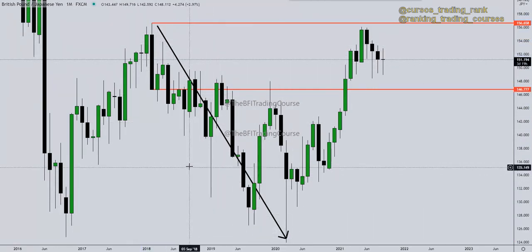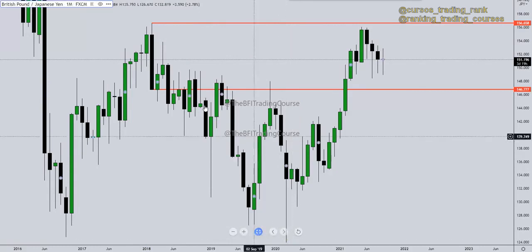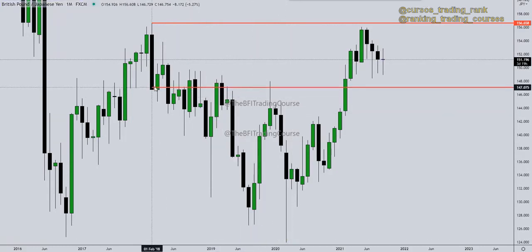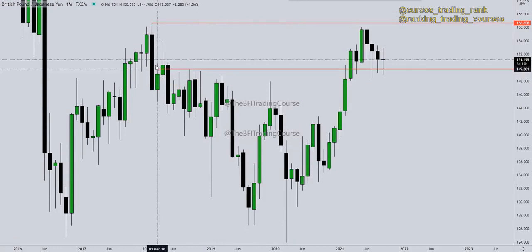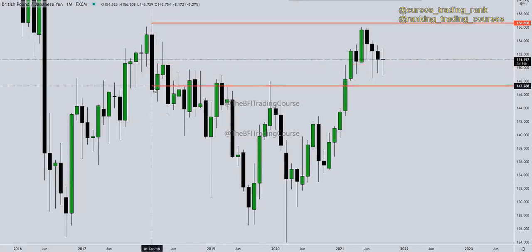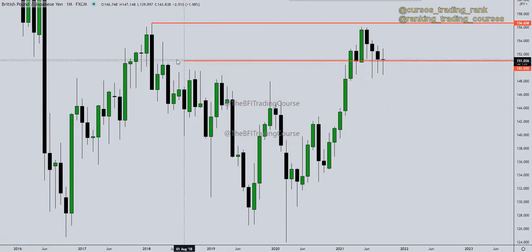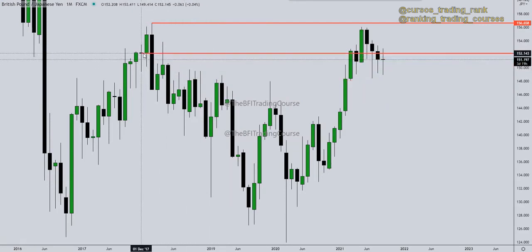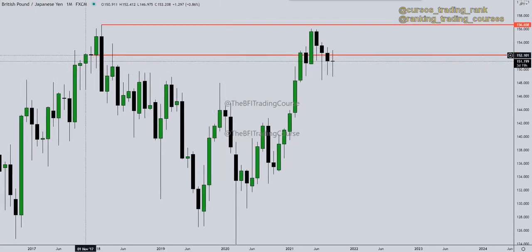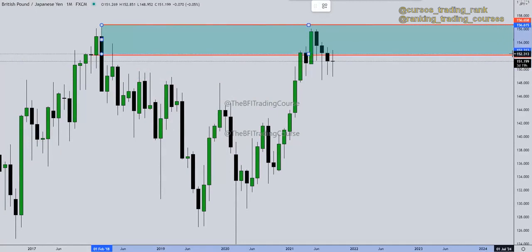I want to see where the move was born. So this is a big body candle and too wide of a base. So we need to find a better base. This is our proper zone and a proper base. So here we have a monthly sell zone.